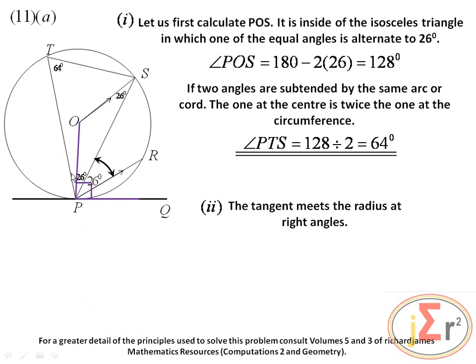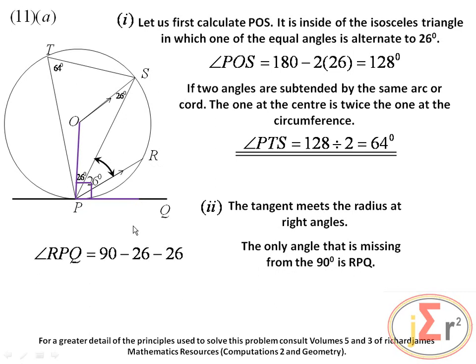They meet at 90 degrees. This angle is 26, this one is 26, so the angle RPQ is the rest of that 90 degrees. So RPQ is 90 minus 26 minus 26, which is equal to 38 degrees.